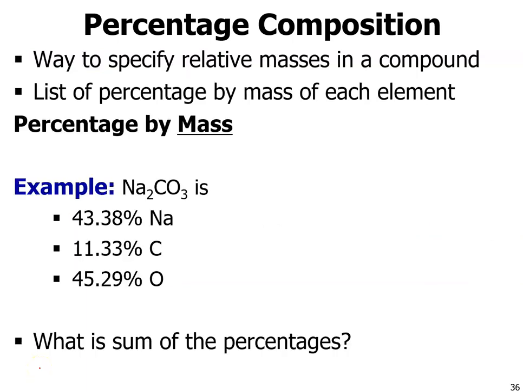This again is a way to specify the relative abundance of certain elements within a compound. And this is useful because when we start to try to identify different compounds, this is a chemistry thing, right?